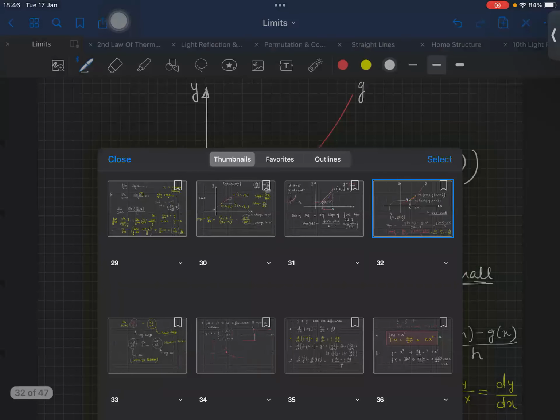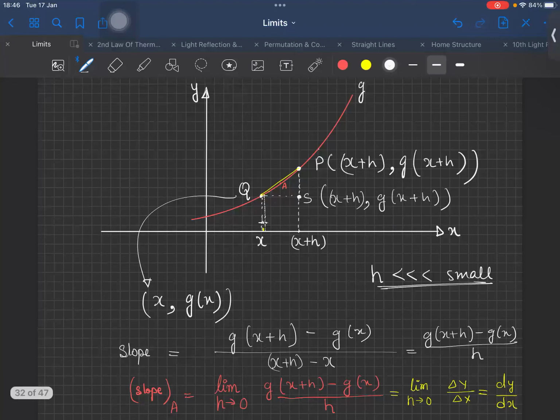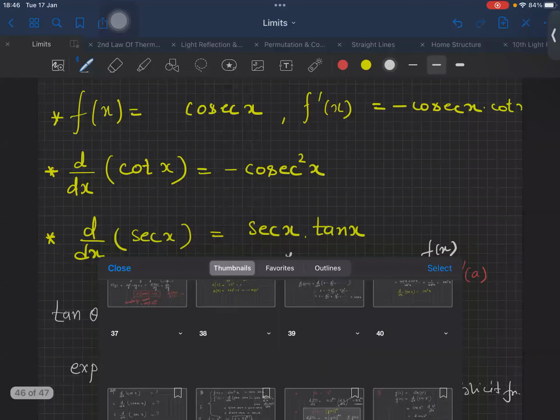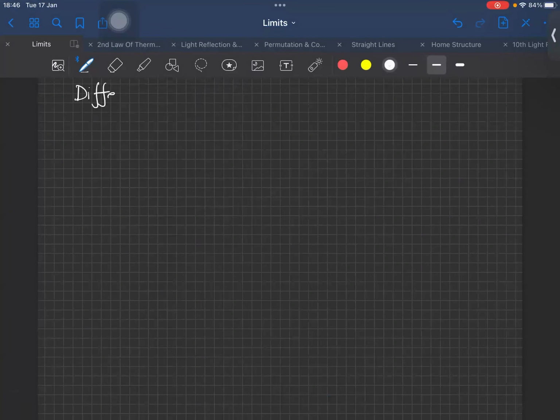Here we had the geometrical interpretation, derivative as a limit of a sum. We did this in the first class of derivative itself. So differentiation, or differential coefficient. Differentiation is also called differential coefficient. Okay, differential coefficient of standard functions.